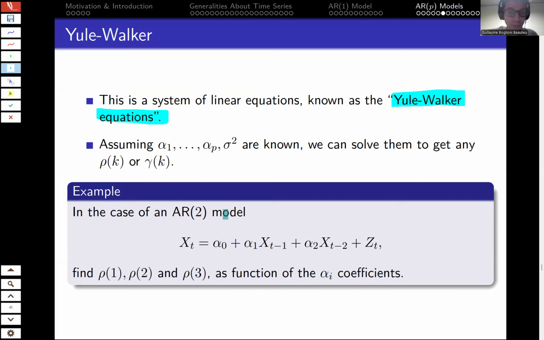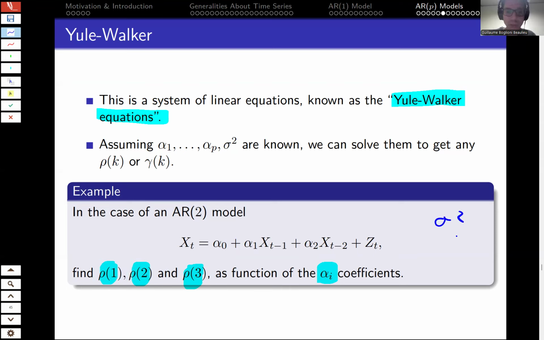In the case of the AR(2) model, I just give you a general model. I'm not giving you specific numerical values for alpha 0, alpha 1, alpha 2. Find rho 1, rho 2, rho 3 as a function of those alpha coefficients. As a comment, if the question is finding the autocorrelations, you actually don't need sigma squared.